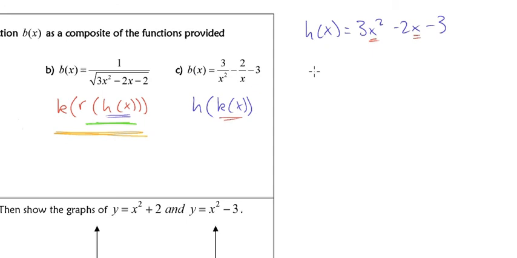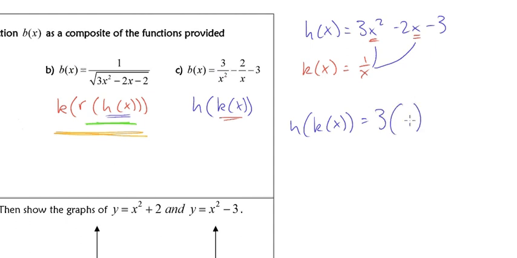Now what was k of x? k of x was 1 over x, or 1 divided by x. So I'm going to plug that in for my x's, and so h of k of x means I have 3, in parentheses, squared 1 over x, minus 2 times, and again in parentheses I'm plugging it in, 1 over x, and lastly minus 3.